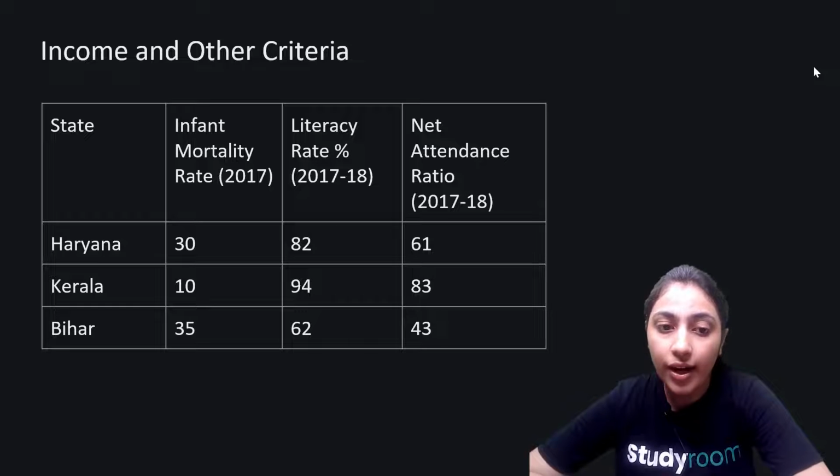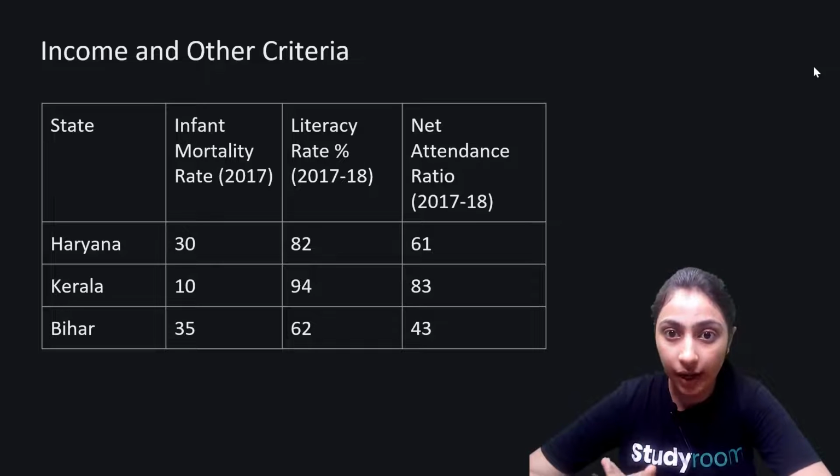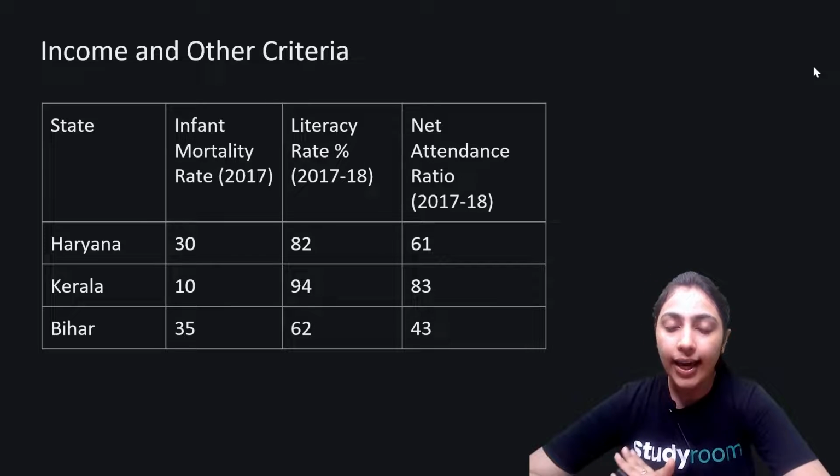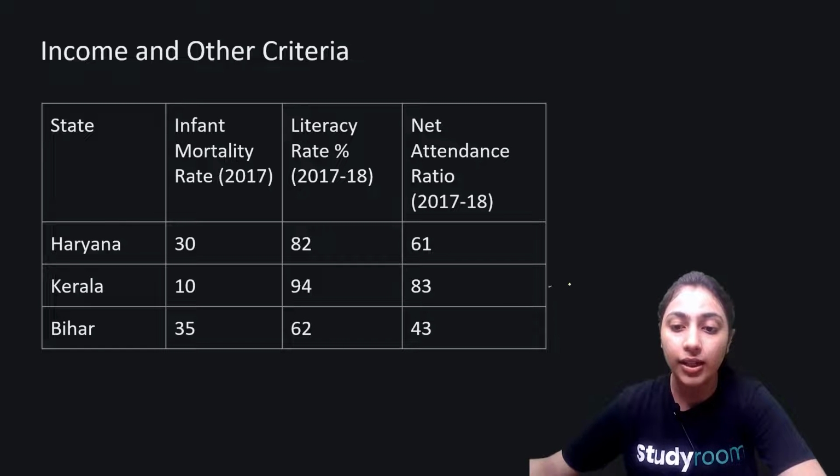So now if I ask you which state is more developed out of these three, then your answer will shift and now you will say, ma'am, Kerala is the state that will come under the more developed as compared to these two.